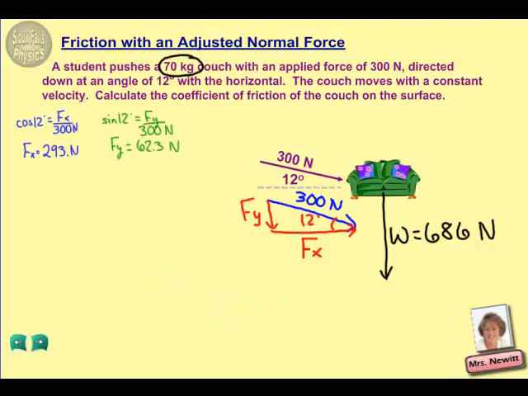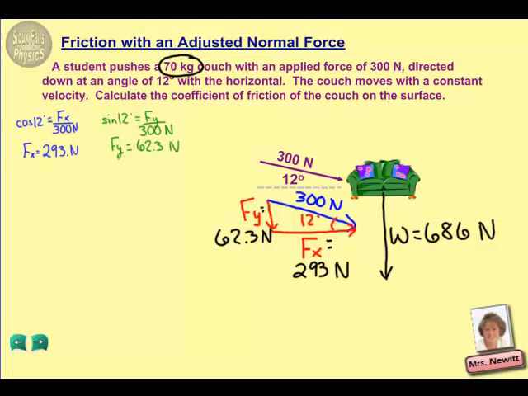So now that we have those components, we can add them to our diagram. Again, 62.3 newtons is how much the student is pushing in the downwards direction, and 293 newtons is how much the student is pushing in the horizontal direction.